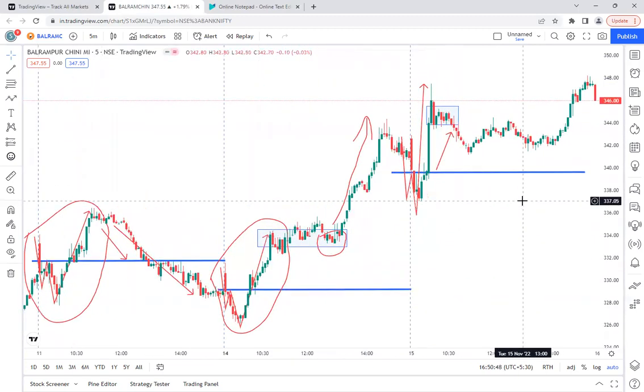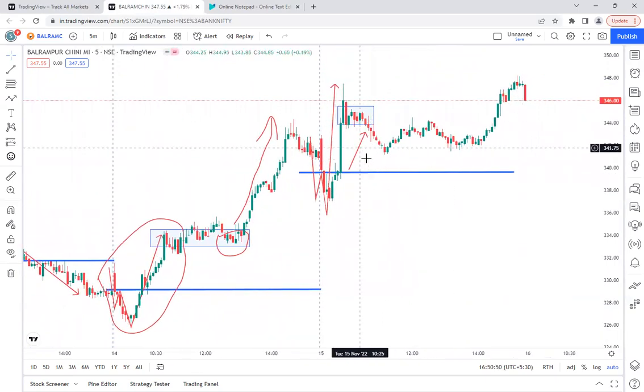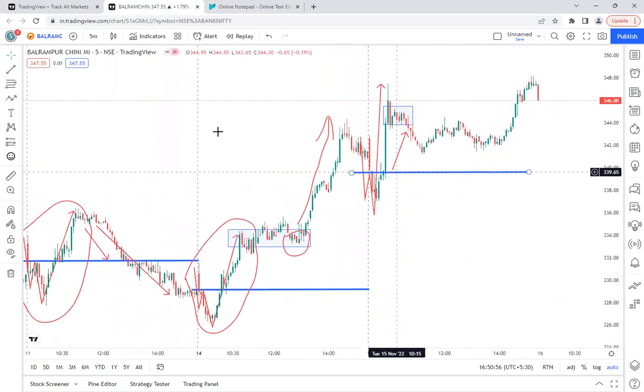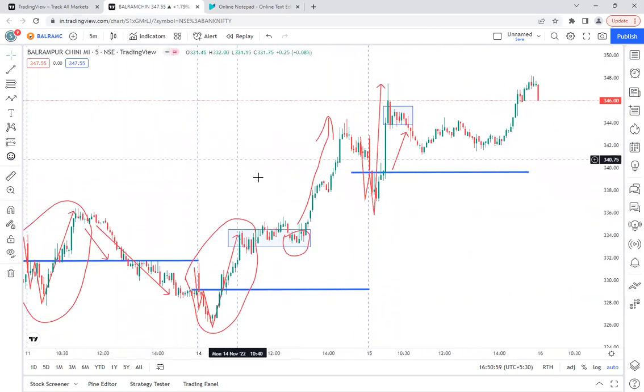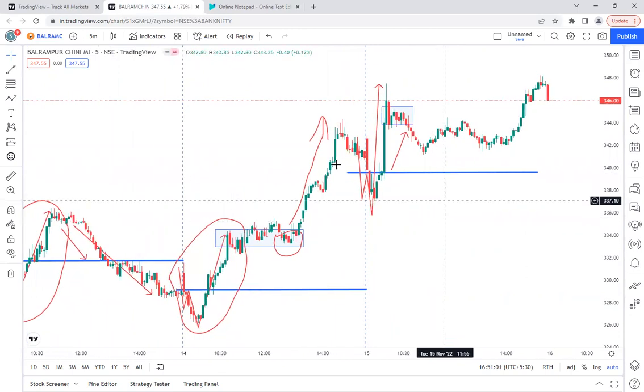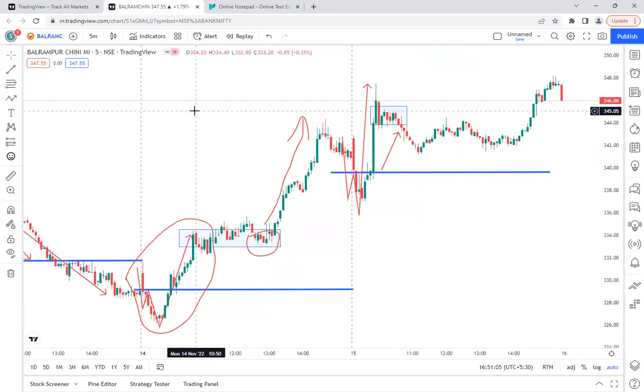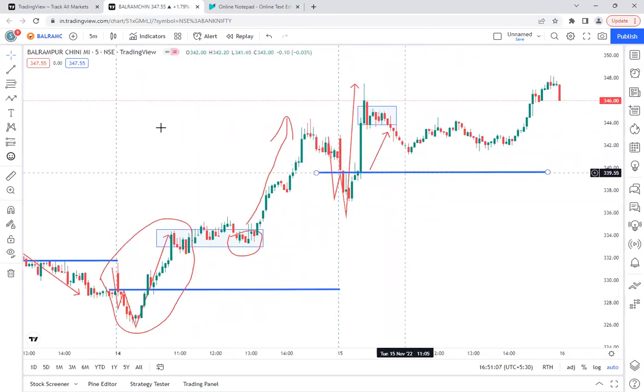This is the place where many traders will be taking sell positions, those who are watching more closely the price action of the last 2 days. They gave that move and fell down to some extent, but before hitting the target, why I'm saying the target, those who have sold here, the target would be this support at least.